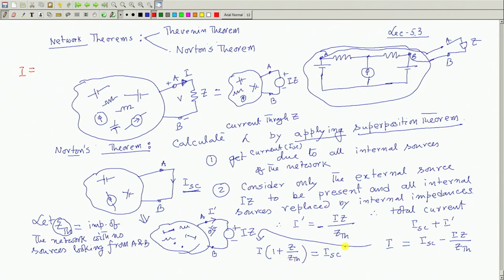If you bring this to this side, it will be I S C divided by 1 plus Z by Z Thevenin's. From this to there I am writing into I S C, which is equal to Z Thevenin's by Z plus Z Thevenin's into I S C. This is the thing I equal to.